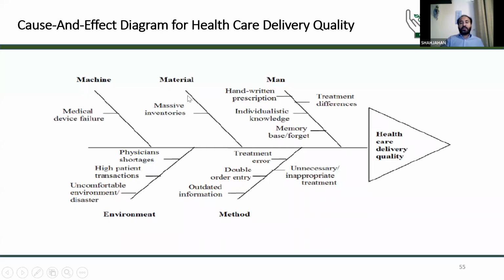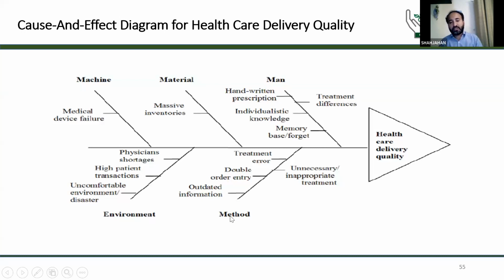Here it will come under the heading of material. Other problems are handwritten prescription, individual knowledge, memory-based forgetting. All these problems will come under man. Then the other things are physician shortage, high patient transaction, uncomfortable environment, disaster. These will come under environment. If there is a treatment error, double order entry, outdated information, unnecessary or inappropriate treatment, this will come under method.